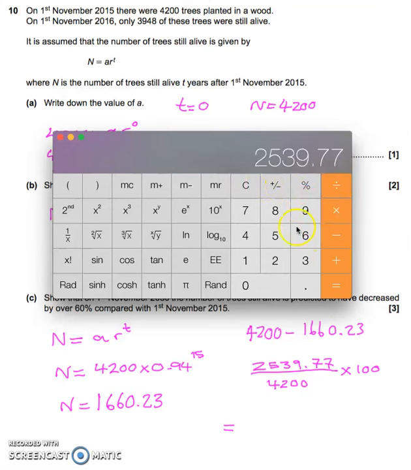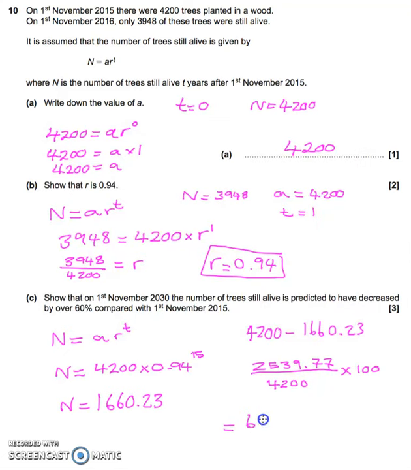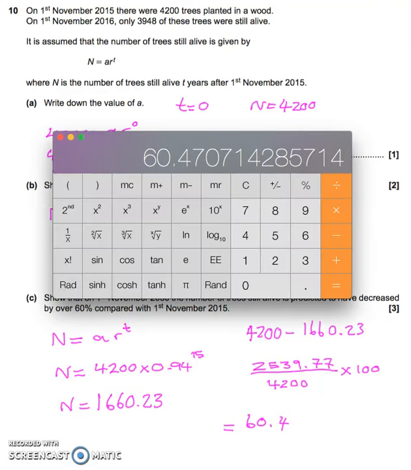So I'm going to divide that by 4,200, and multiply by 100, that equals 60.47. And remember, your answer will be slightly different and more accurate because you haven't rounded at the stage that I did.